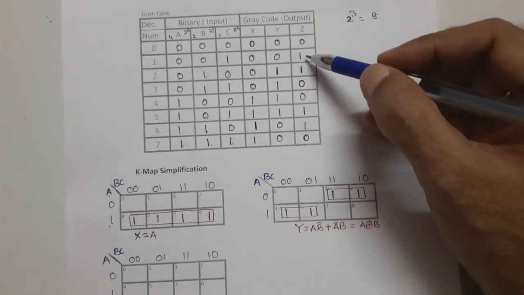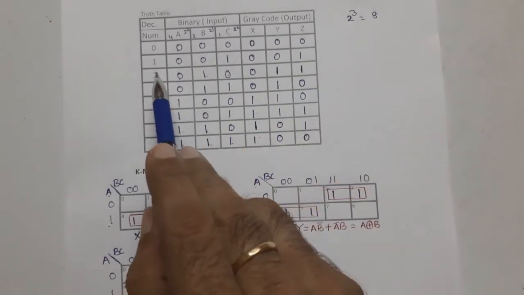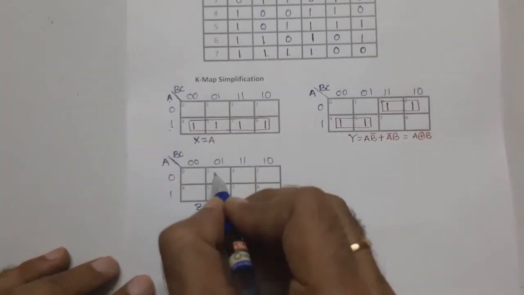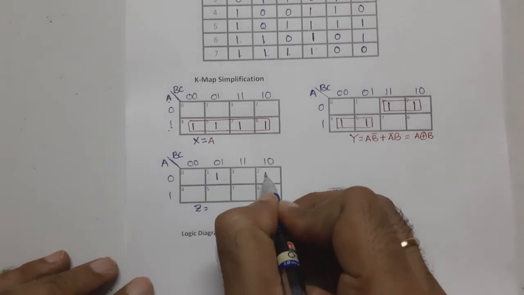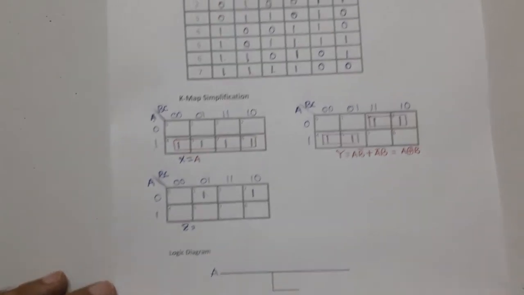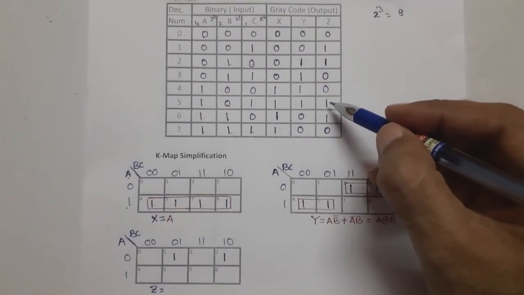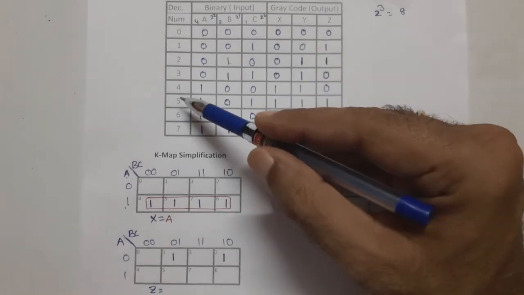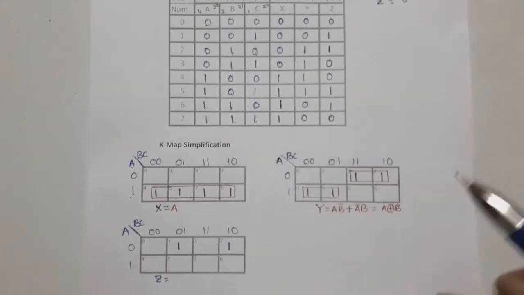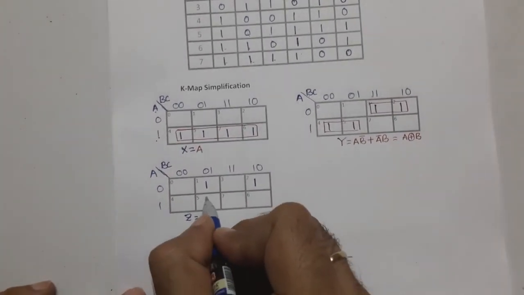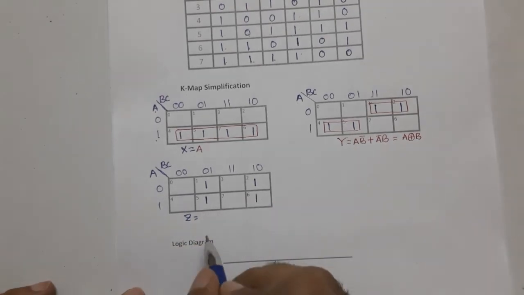Now here you have two ones, the corresponding decimal numbers are 1 and 2. So mark here as 1 and 1. And the next ones are 5 and 6. So mark again 1 and 1 at 5 and 6.